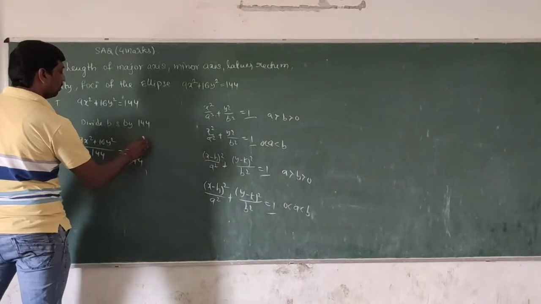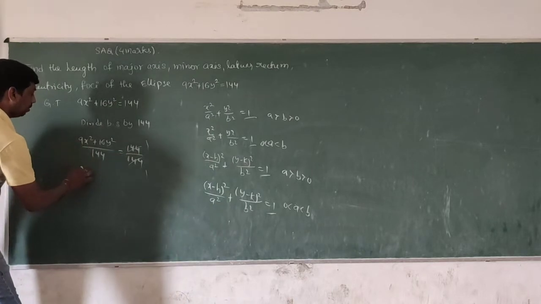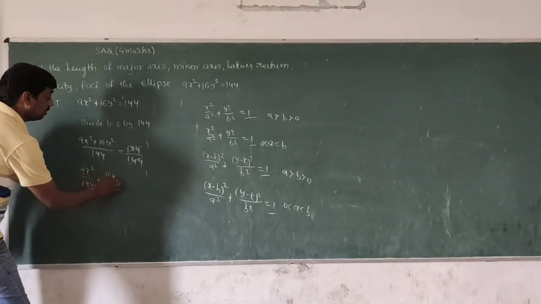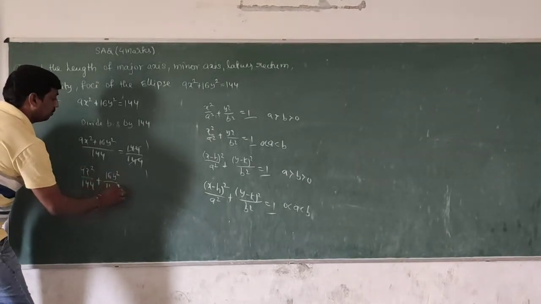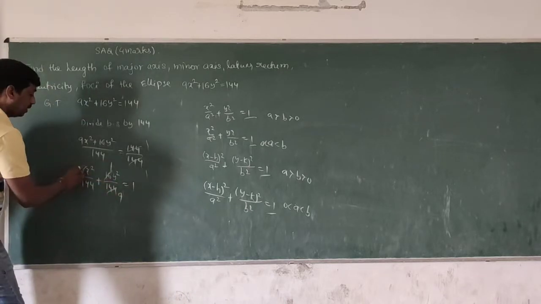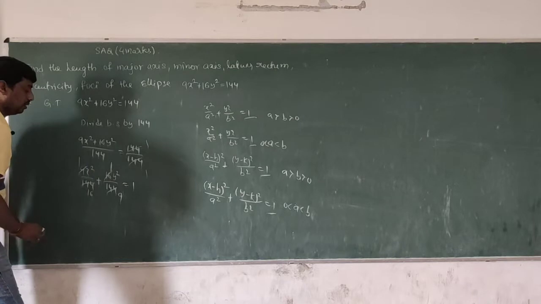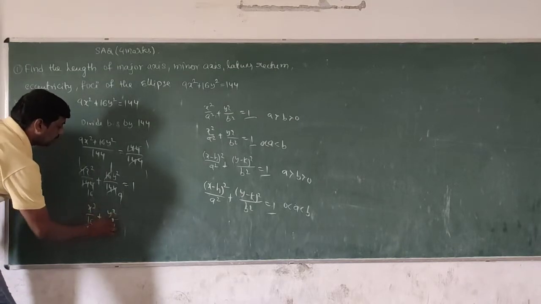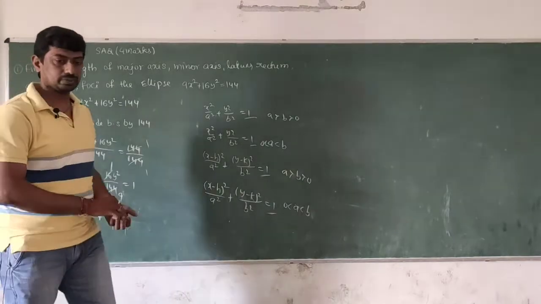Separate the denominator. 9x square by 144 plus 16y square by 144 equal to 1. 16 1 16, 9. 9 1 9, 16. So x square by 16 plus y square by 9 equal to 1.